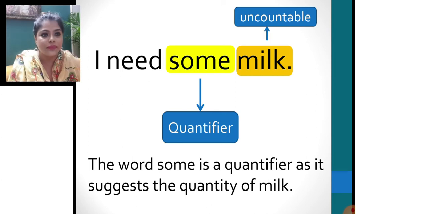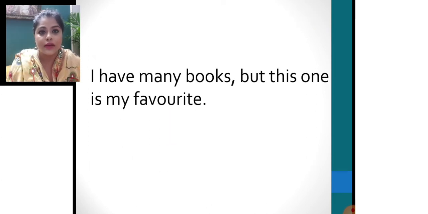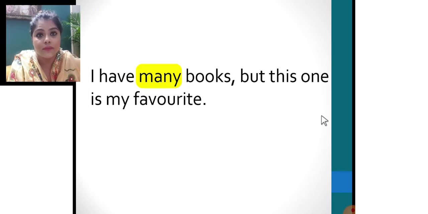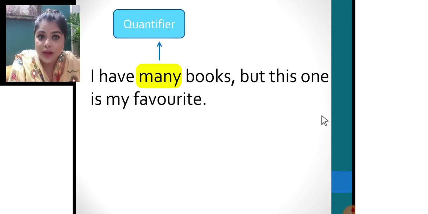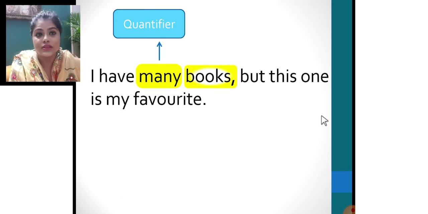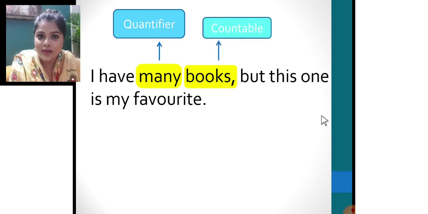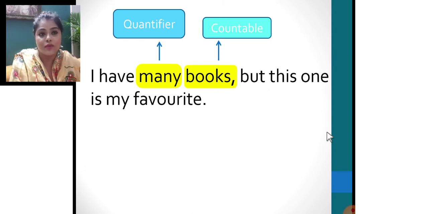Okay. Now, let's see one more example here. I have many books. Now, many is here a quantifier and books is the noun. Which noun? Countable. Very good. I have many books, but this one is my favorite.